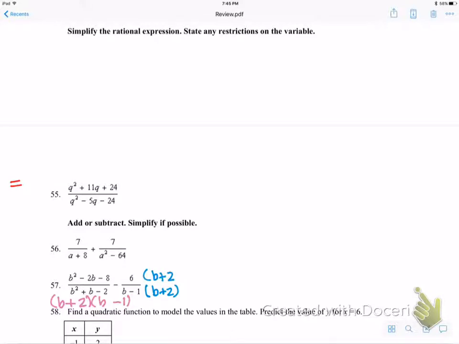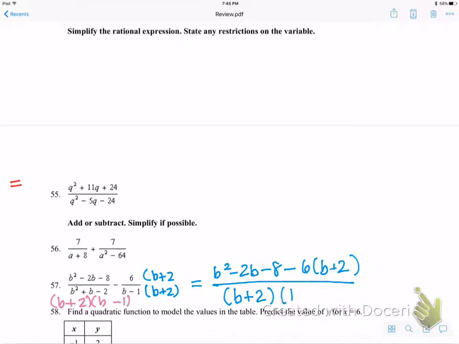So now I can subtract these numerators and keep the denominator exactly like it is. So I have b squared minus 2b minus 8 minus 6 times b + 2. And in the denominator, I have the b + 2 and the b - 2, or b - 1, sorry.